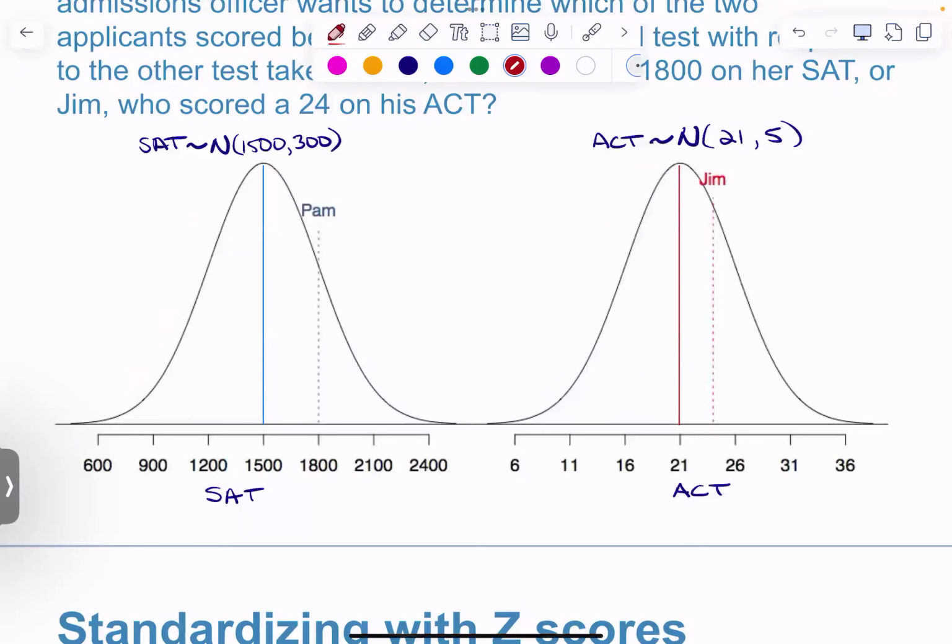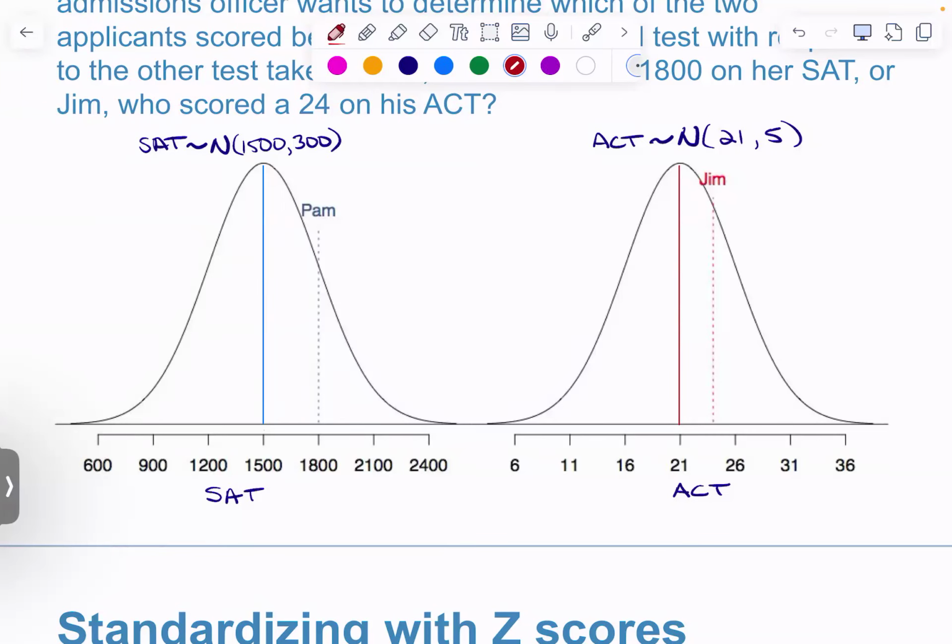They both scored above the mean. We can see from the graph that maybe Jim didn't score as well as Pam relative to his own distribution, but we want concrete evidence of that.